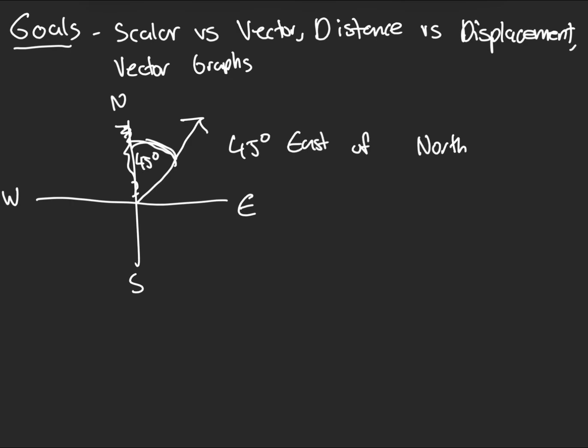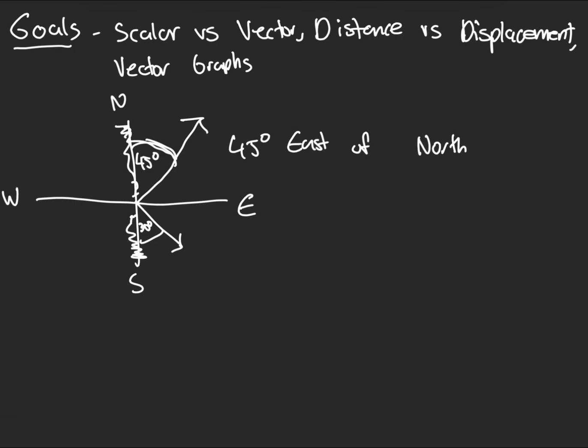Okay. Well, if I were to give you a different example, like this, for example, 30 degrees, and it's going south and east, right? So what would the direction be? Well, we know that this angle part is touching the southern part.